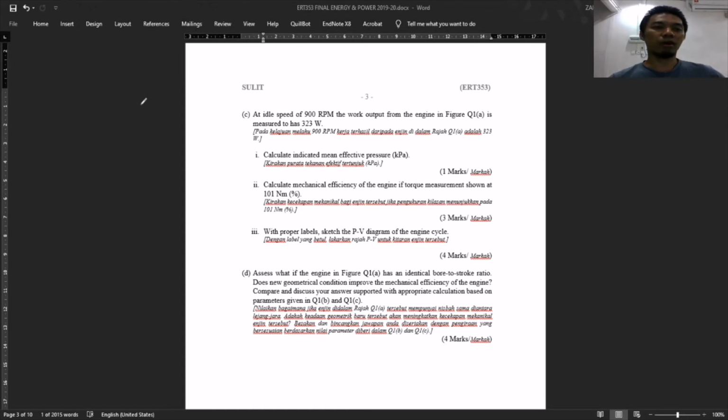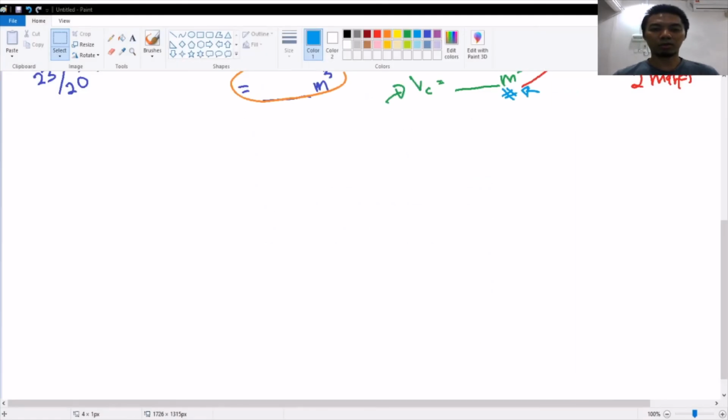Let me remove all these doodles. Let's not delete it, so you know that the question is in continuity. Scroll down there. For the question given, let me use the black pen.